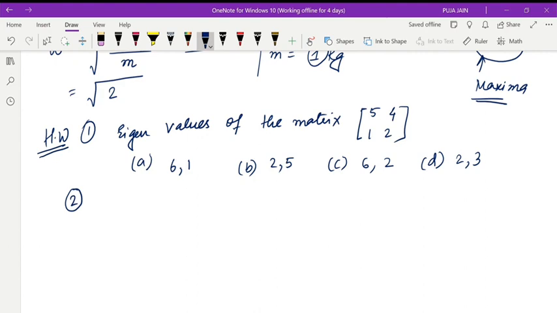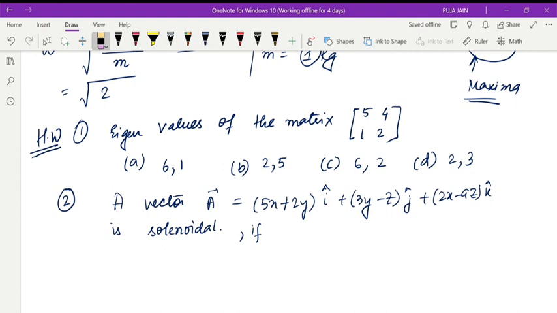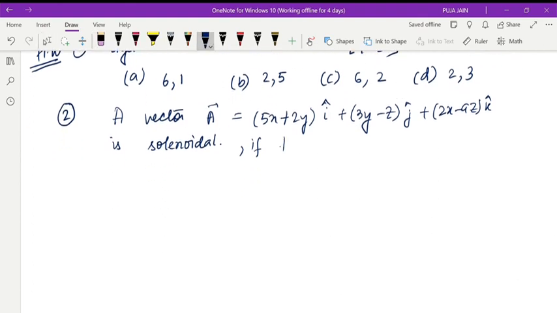Second question: a vector A equals (5x plus 2y) i cap plus (3y minus z) j cap plus (2x minus az) k cap is solenoidal if the constant a has the value.